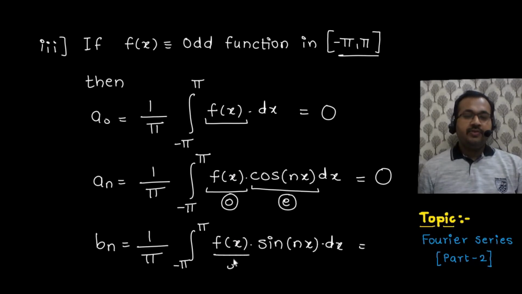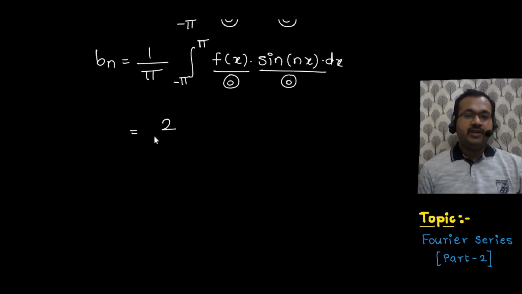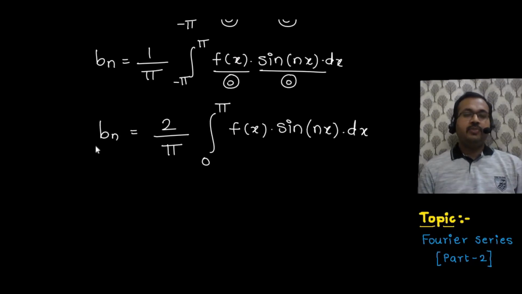Since f of x is an odd function, sin nx is also an odd function, and the product of two odd functions is always even. The integral property of an even function is that we consider half the range and take twice the integration. So it is 2 upon pi integration 0 to pi f of x into sin nx dx. This is your formula for bn.